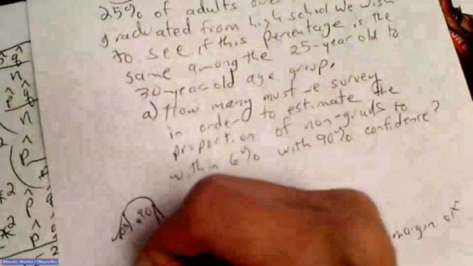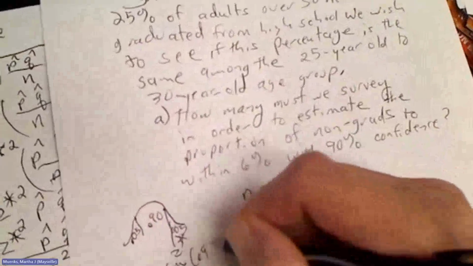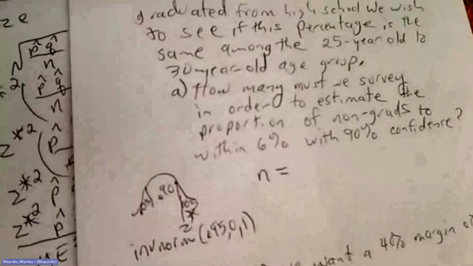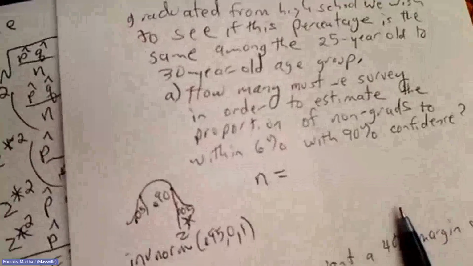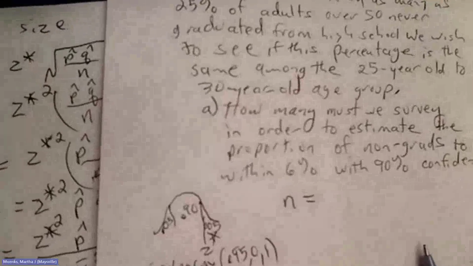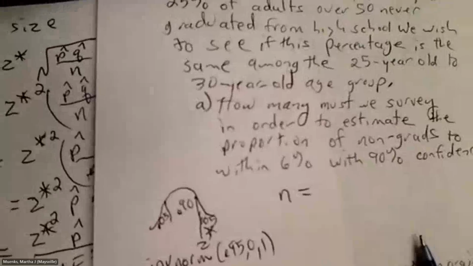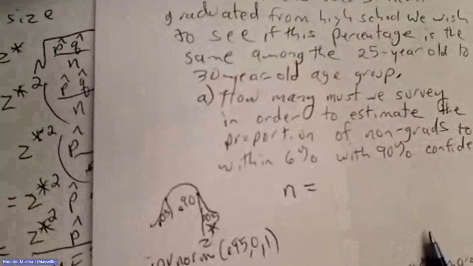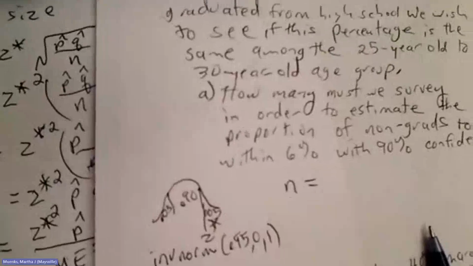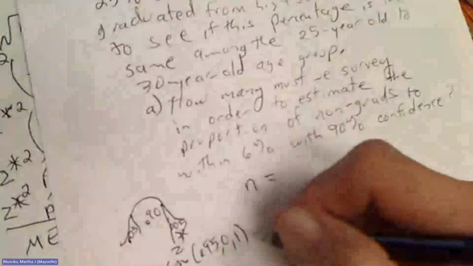I'm going to find it doing inverse norm of 0.9501, and I am going to pop that out as fast as I can so the video doesn't become terribly long. I'm afraid to trust my memory. And we get 1.645.